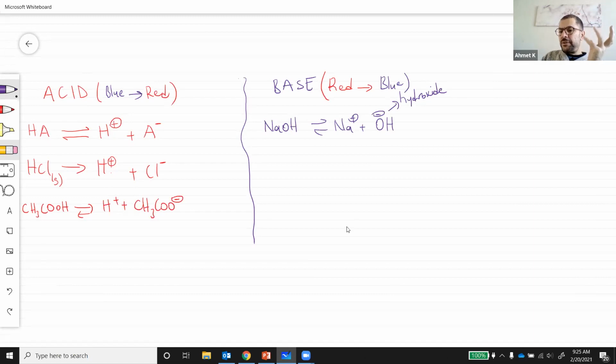And if you look at the properties of the base, anybody knows the taste of the base? I'm sure you didn't taste it, but does anybody remember, when you were a kid, taking a shower and getting soap in your mouth? Is it bitter?